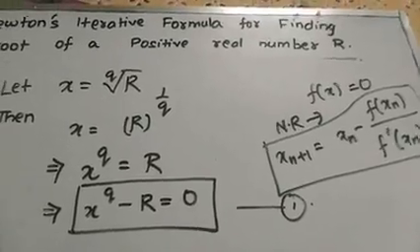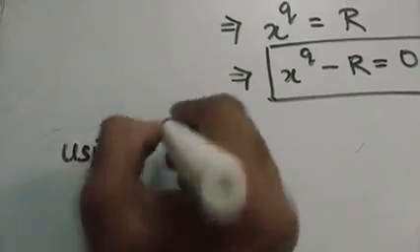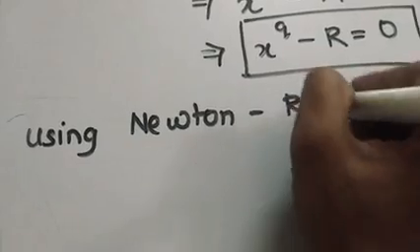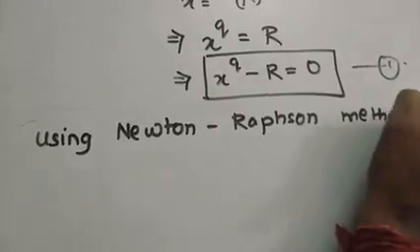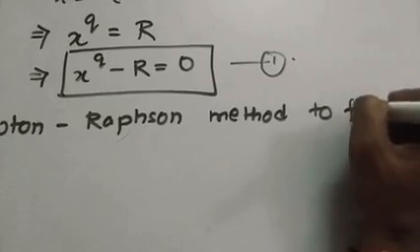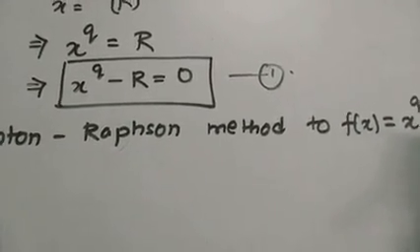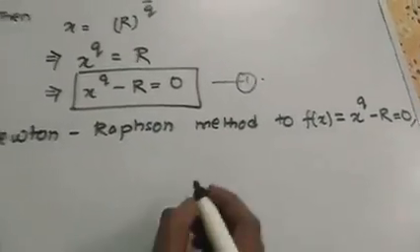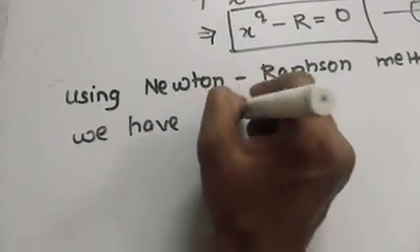So after that we will write, using the Newton-Raphson method to the function f of x equals x to the power q minus r, which is further equal to 0, we have the iterative formula.